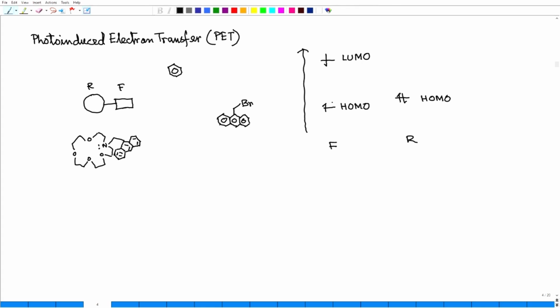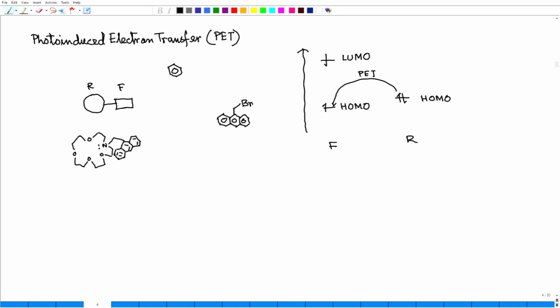Then what will happen? An electron from this HOMO of the receptor, that means one of the nitrogen lone pair electrons, will come here. This process is called the PET process, photo-induced electron transfer process.